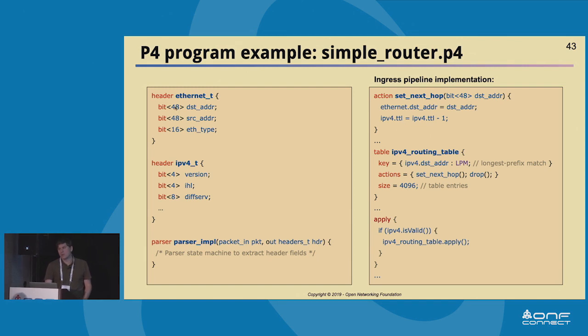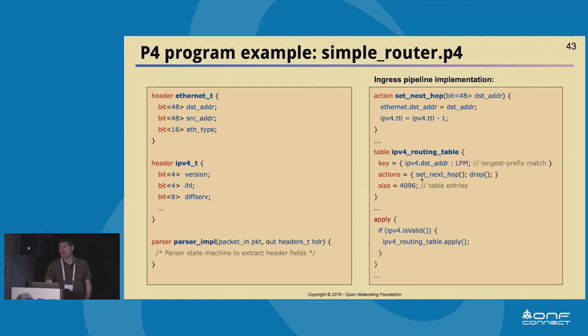We also specify the bit width of the fields. We have also a definition of the IPv4 header with its fields. And then in the ingress pipeline implementation, we have a table definition for our routing table, in this case, matching only on the IPv4 destination address. The type of match in this case is longest prefix match. This is usually what it's used for routing tables.